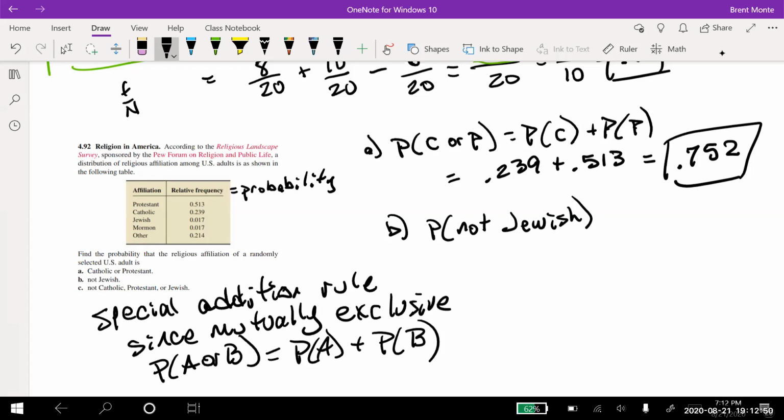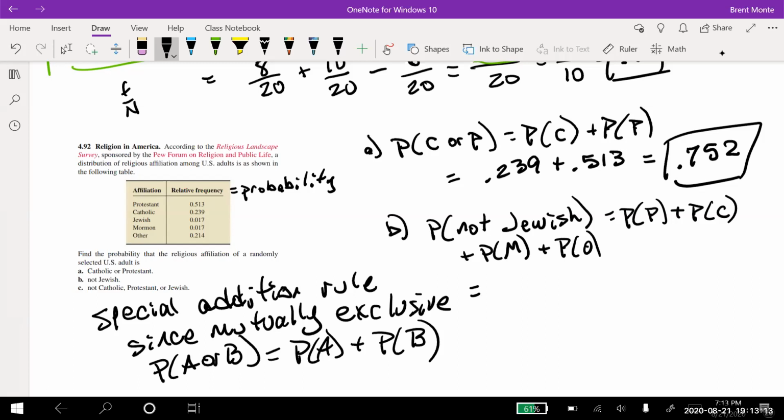So let me show you two ways to do this. That could be the probability, if we go in order, that they're Protestant, or the probability that they're Catholic, or they're Mormon, or they're another religion, probability of other. And then I can just add all those up.